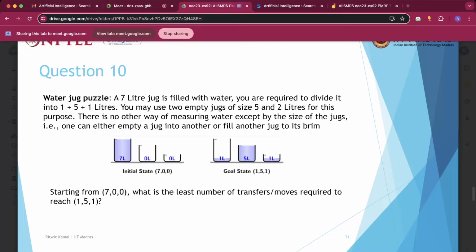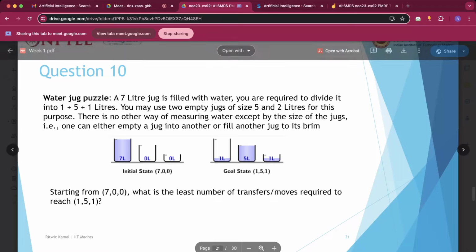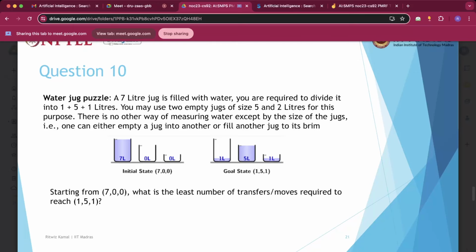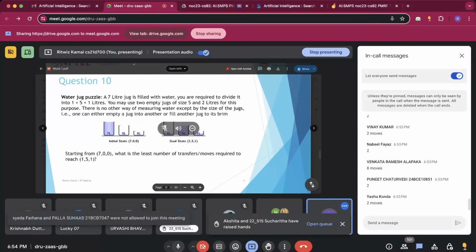We can either empty the jug completely, or we can fill up a jug completely. That's all we can do. When we are emptying a jug into another jug, that jug may not get completely filled. It may remain half filled or a quarter filled. So this is the problem setting, and these are the actions you can take to go from one state to another. I hope the problem setting is clear.